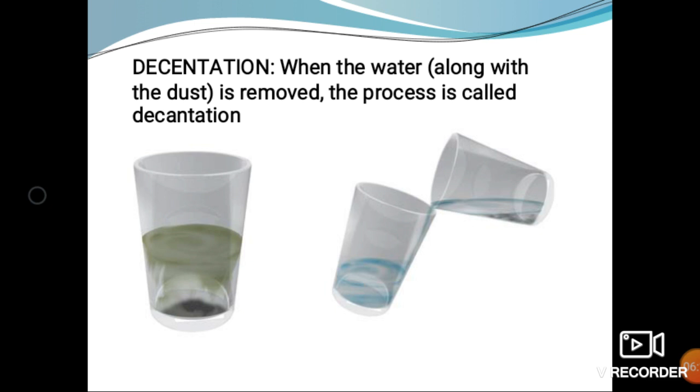Let's see it here. The water and lighter components are taken out into another cup, and only the heavier particles stay at the bottom. That process is called decantation. We shall have an explanation in detail in class again.